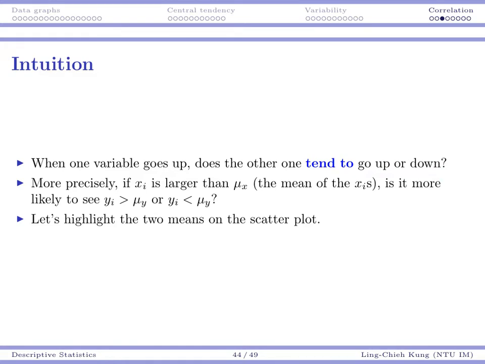This is of course somewhat random. It's very rare for us to see two variables with an exact relationship, but we want to know the tendency. When one variable goes up, for example when size becomes larger, does the price tend to go up or down? That's the question we want to ask.